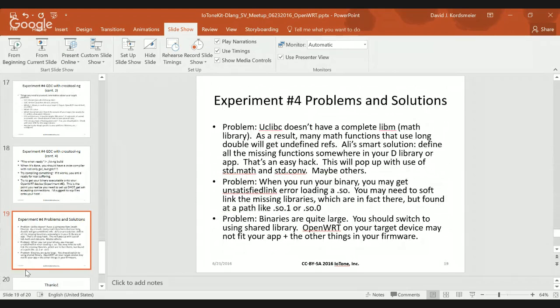In terms of problems I ran into, this was a big one: uClibc doesn't have complete libm support. So when I got into some code that I needed to compile, I was getting undefined symbols, and found that it was consistently the long double use.